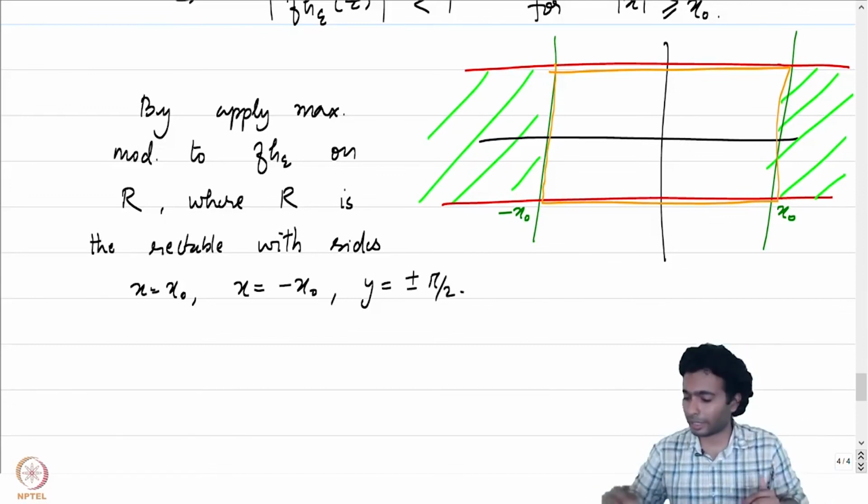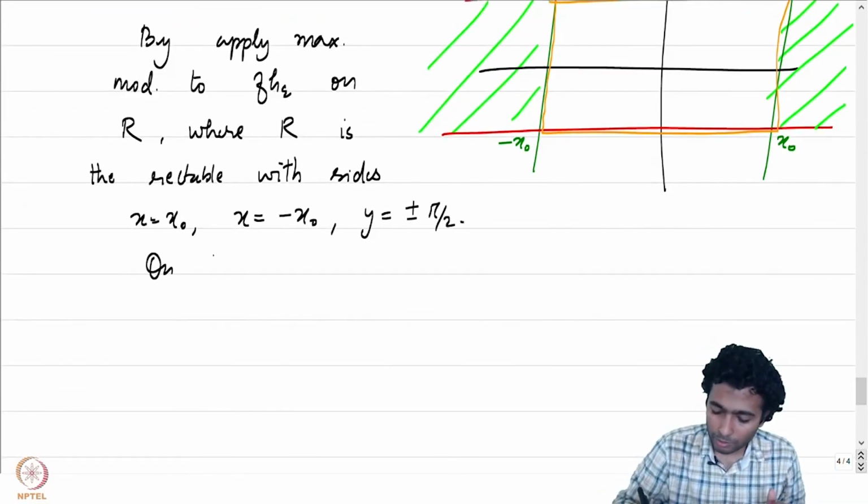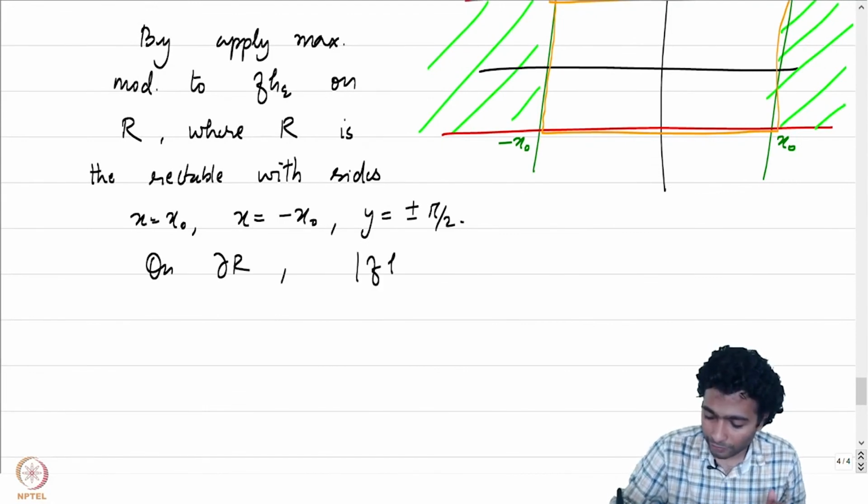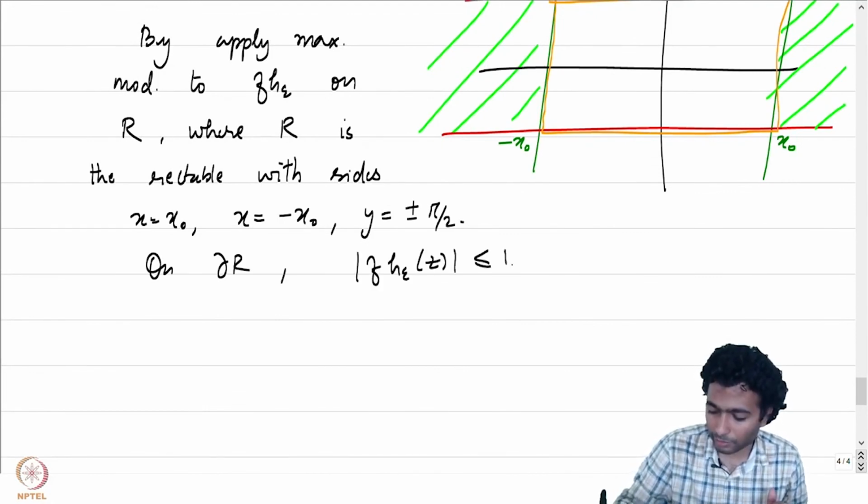If you look at this particular rectangle, on the boundary of this rectangle, the absolute value of f h epsilon of z is less than or equal to 1.